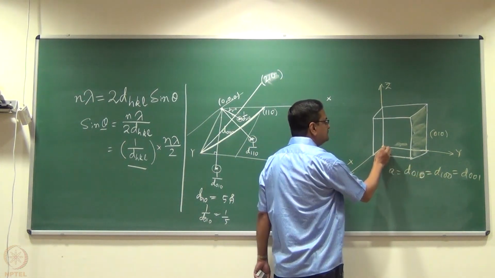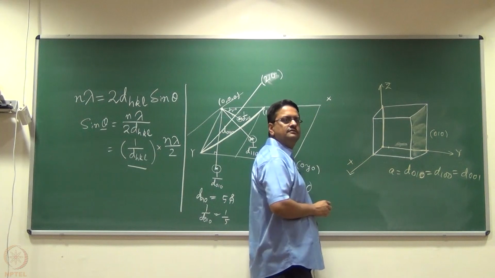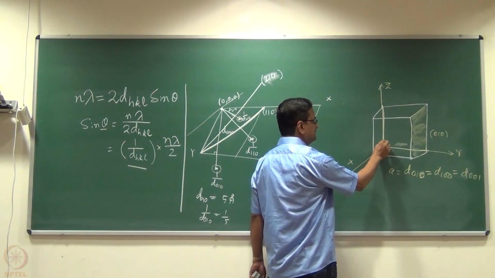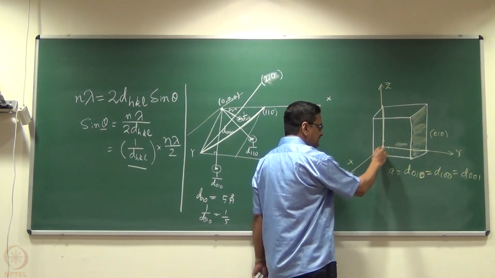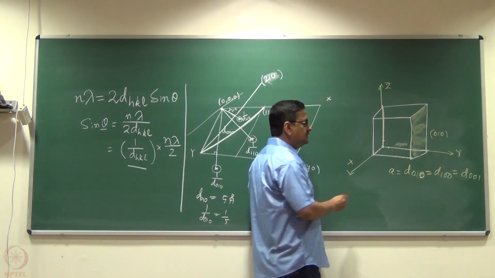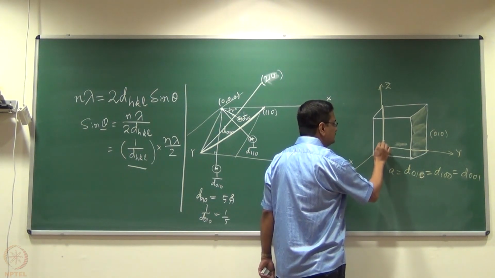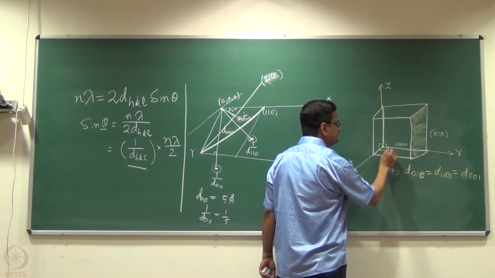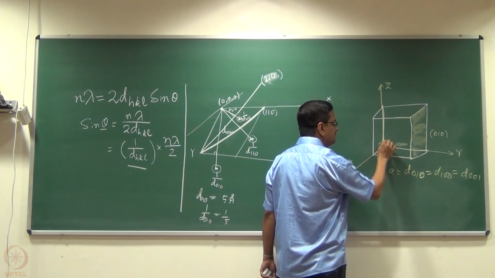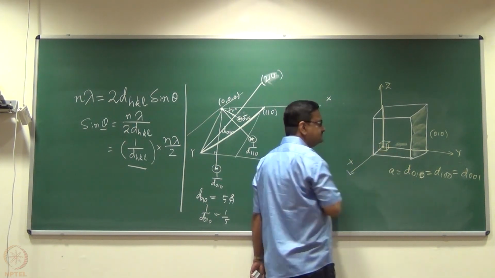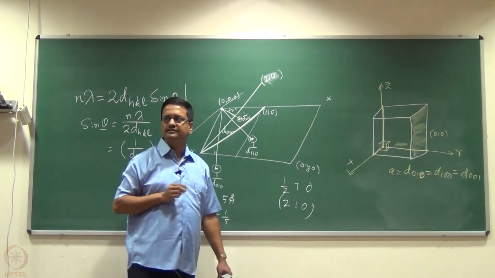Where do I cut this one? Again at 1 by 10. This one, 1 by 10. So what I form is a small cube like that, which is my reciprocal unit cell.